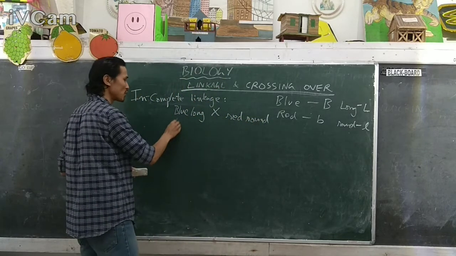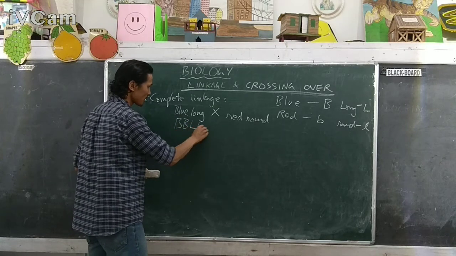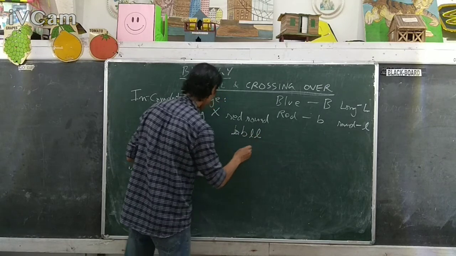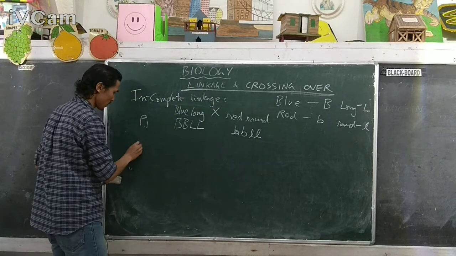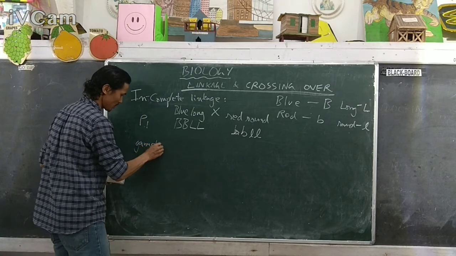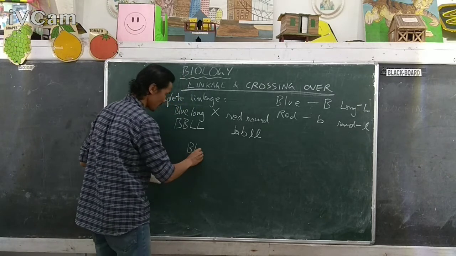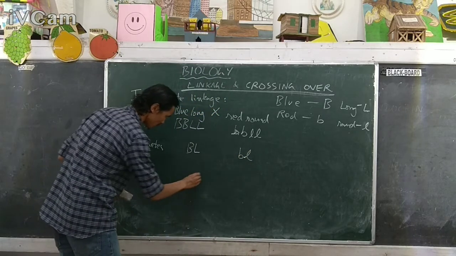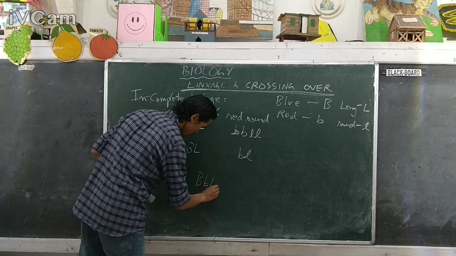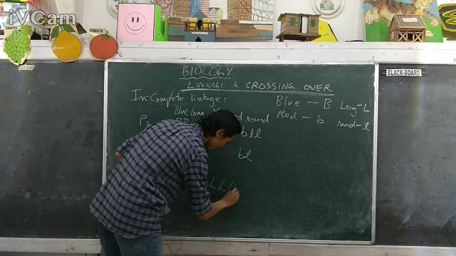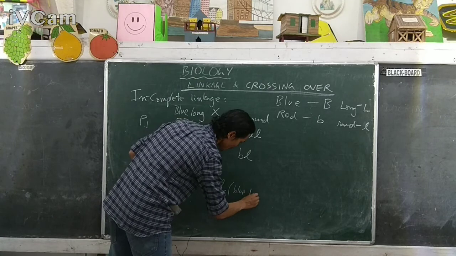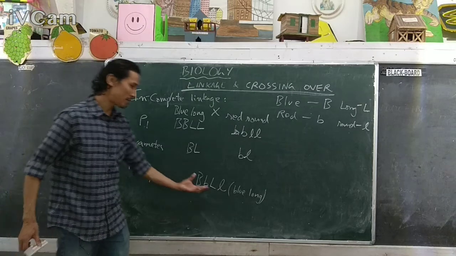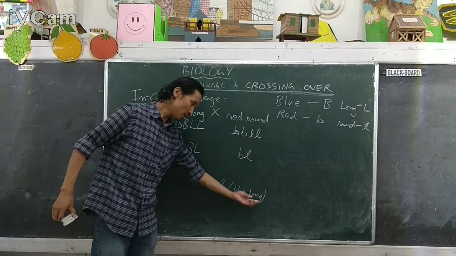So obviously the genotypes will be as shown. So in the F1, what I'll be getting is a hybrid individual with blue color and long pollen grains.